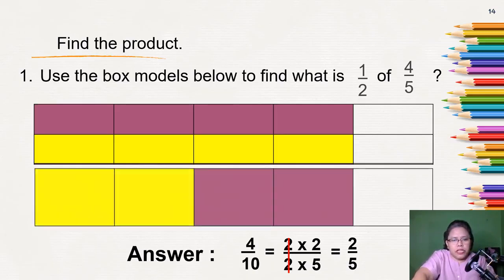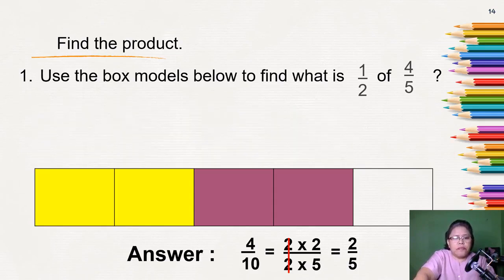So, pag ilipat natin yan, ito na itsura niyan. So, kung titignan mo na itong drawing sa baba, meron ka ng dalawang yellow sa 5 total parts, diba? So, pwede mo nang sabihin na yellow parts is 2/5. Tama, diba? Tinanggal mo lang yung division, tas nilipat mo yung yellow. Okay, so, tama nga, 4/10 is equal to 2/5. Okay, pinakita natin yan sa drawing.